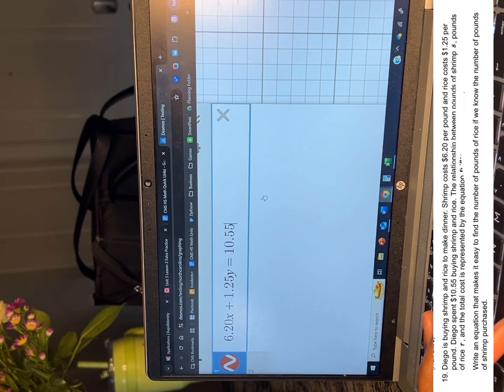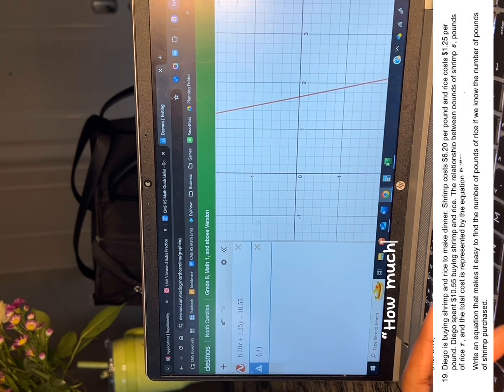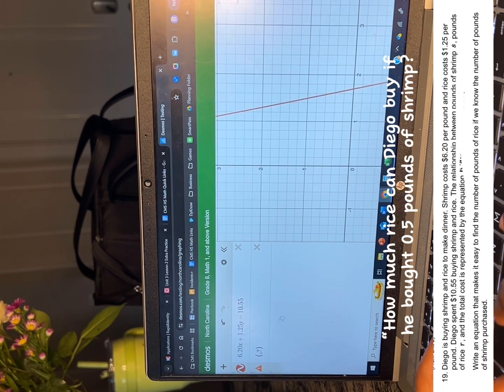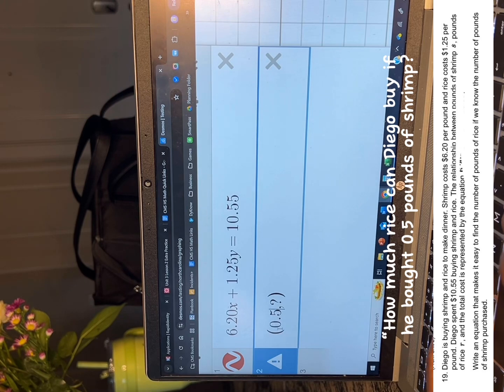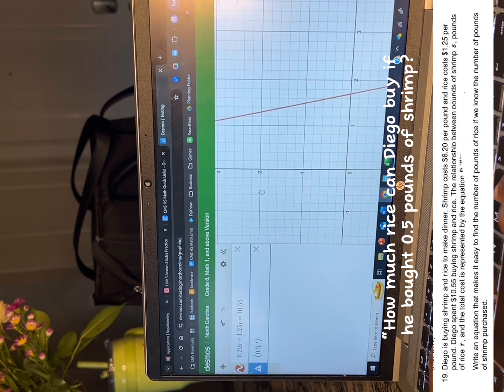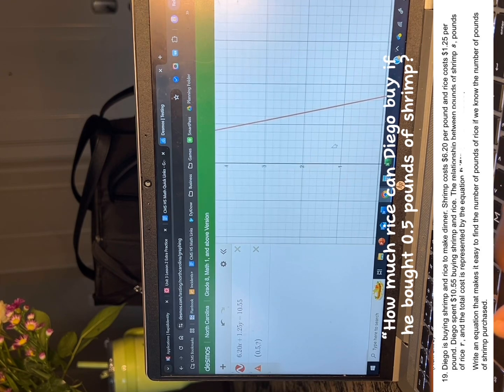So what we did today was it'll give you, let's say it says how much rice can Diego buy if he bought 0.5 pounds of shrimp. So you need your X to be 0.5 and you're going to find what Y is. Before we ever learned how to do this, we would plug in 0.5.